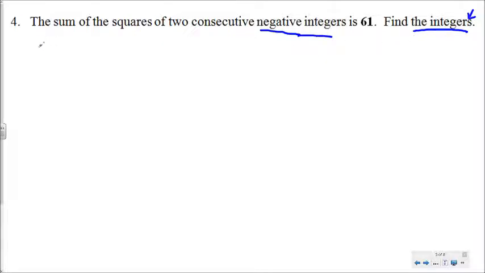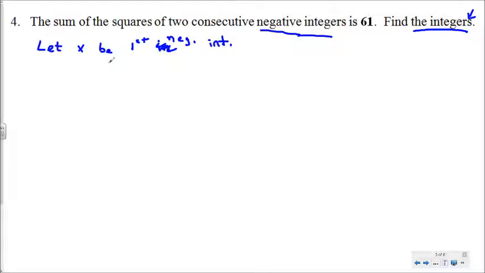So I'm going to start by establishing a variable. I'm going to let x be the first negative integer, which I'll abbreviate in this way.